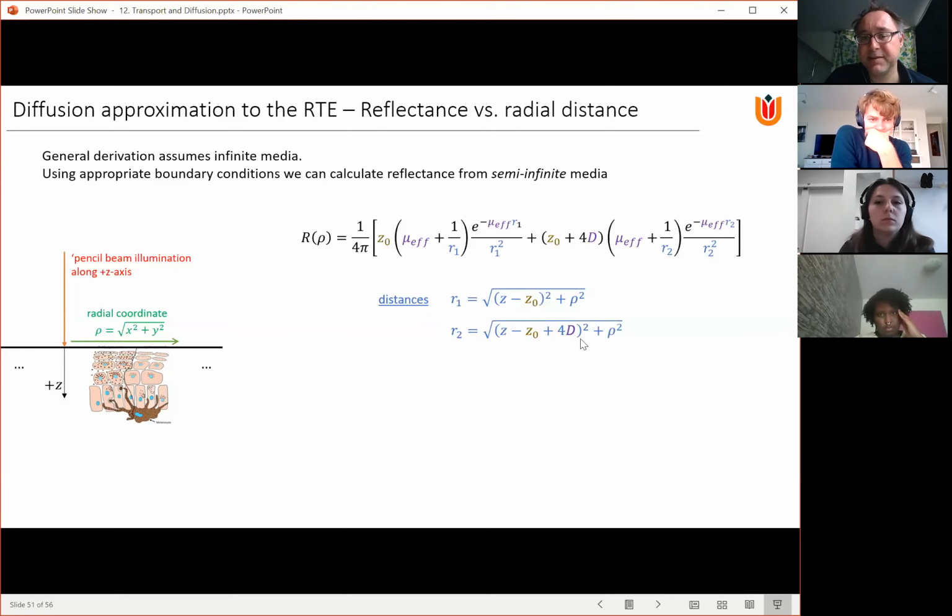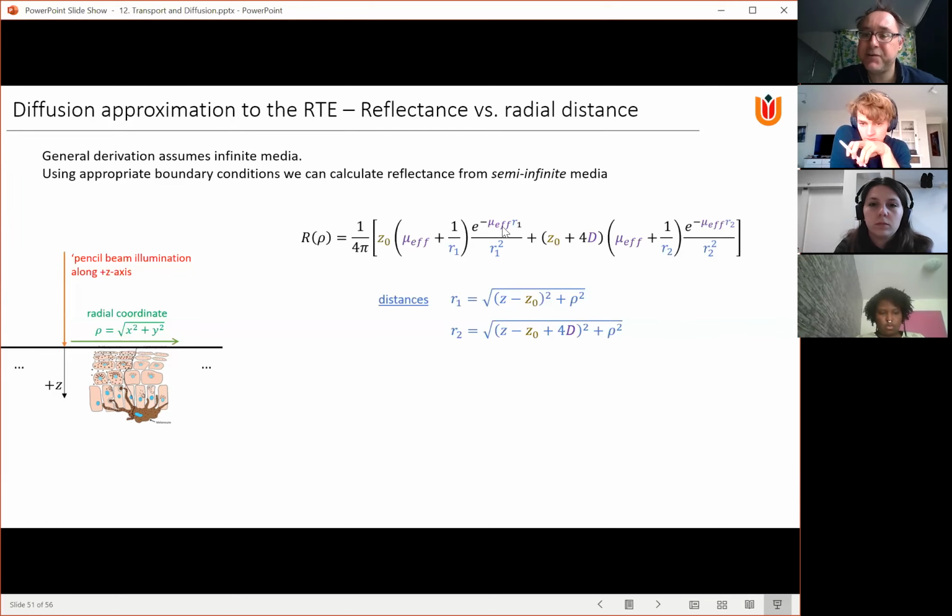And for the R2, that's the same thing, but then for the other source that was floating above the boundary. So these distances are expressed in terms of Z0, which we had in here as well, and D, the diffusion coefficient, which was a function of optical properties.